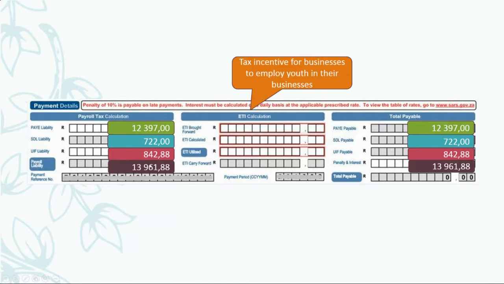So this total here should agree to your EMP 201 control account, because that is what you have to pay over to SARS. Okay, so this is just how you would complete that information.